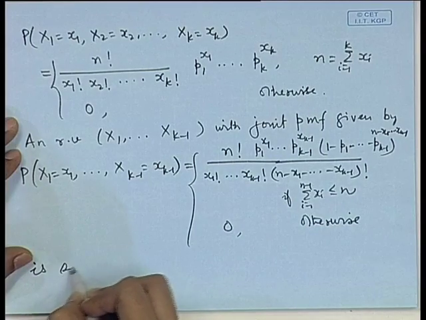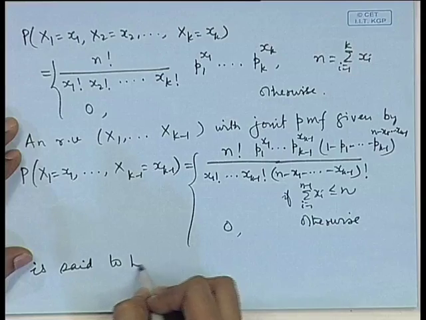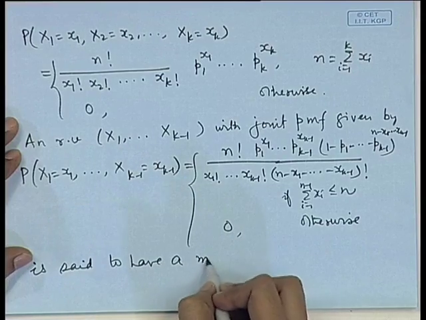This is said to have a multinomial distribution.